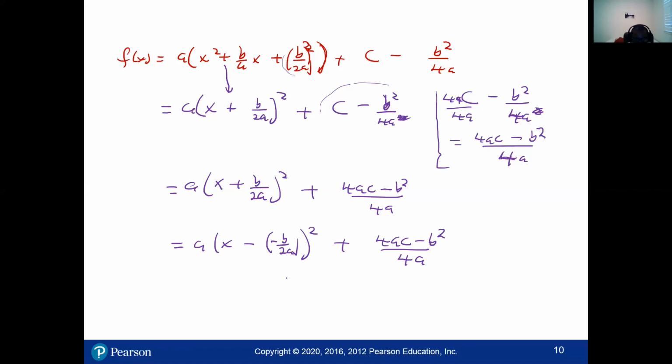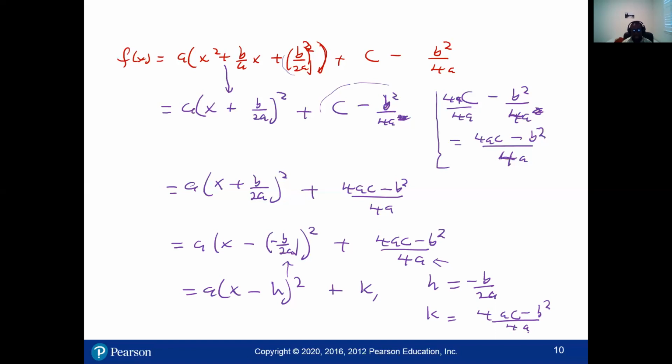Now we're going to replace this by a certain variable, and this other term by another variable. So we're going to write this as a times x minus h all squared plus k. In this case, your h is equal to minus b over 2a, and your k is 4ac minus b squared over 4a.